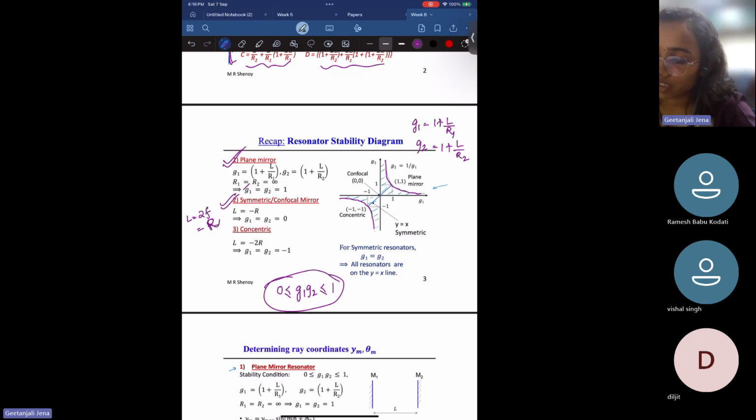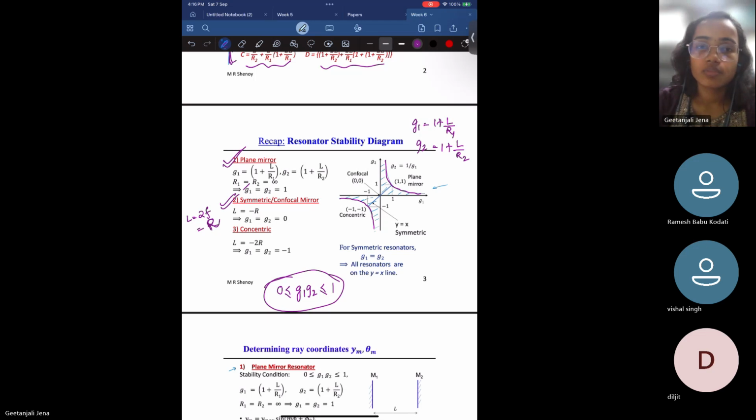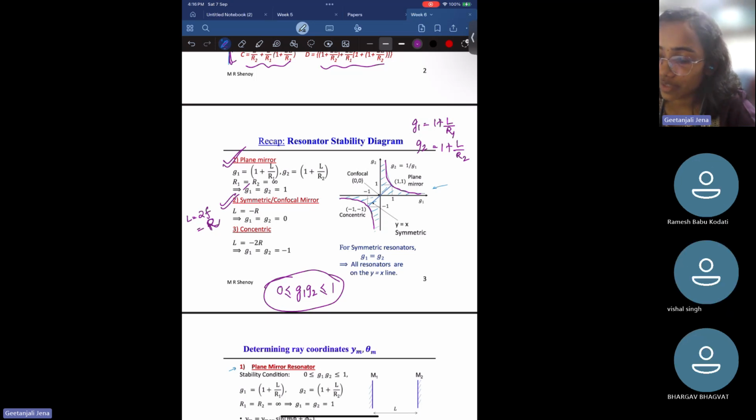For concentric, it will be different. But when it is confocal, L would be 2F, which is equal to R. And for concave, R is negative. So this means L is minus R. For this case, we get G1 and G2 as 0. So this also satisfies the stability condition.